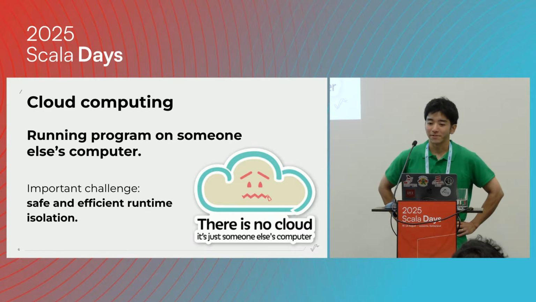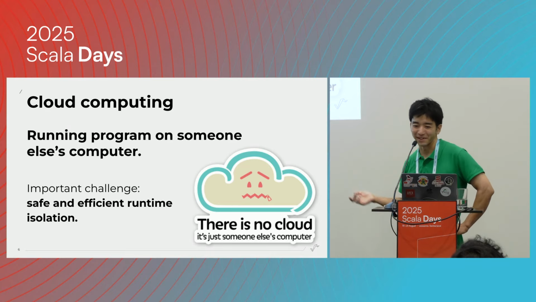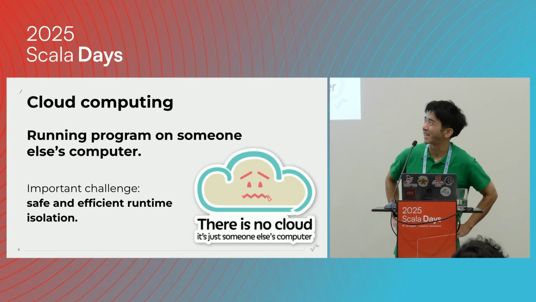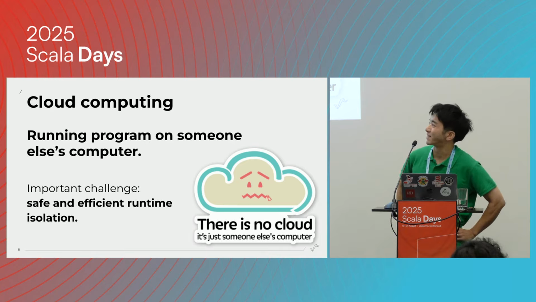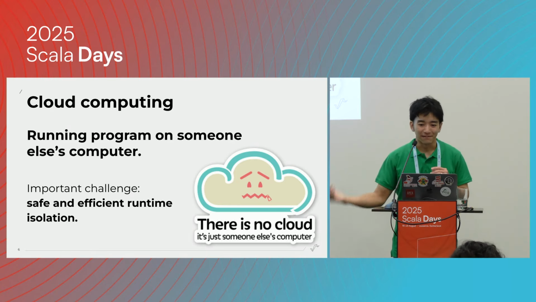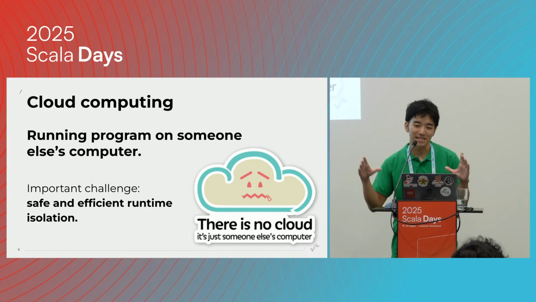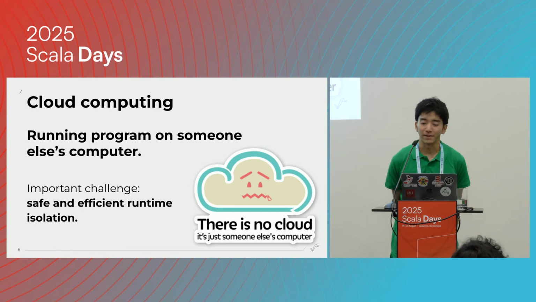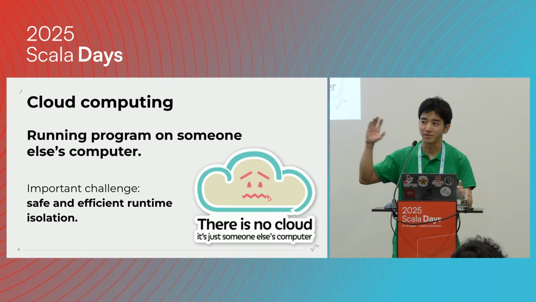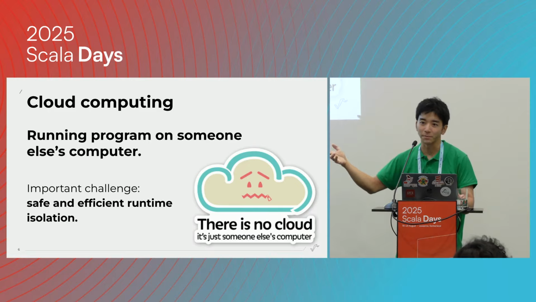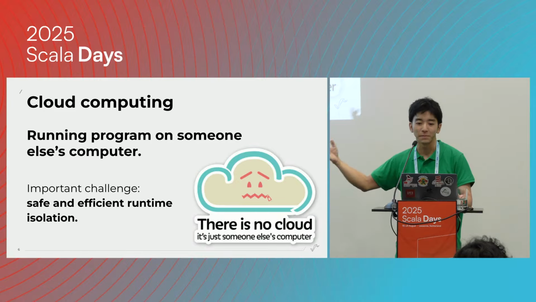All right, so we're going to start with a quick summary of what cloud computing is. It's not that simple, but simply put, cloud computing is running your program on someone else's computer. Here, someone means cloud providers like AWS or GCP, and we upload our applications to those cloud providers, and we run our application on their big, large computers, sharing the computation resources with other people.